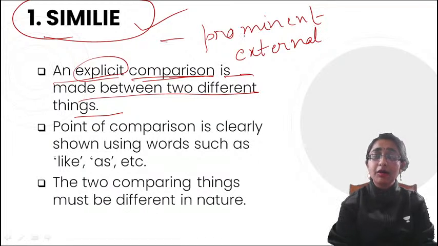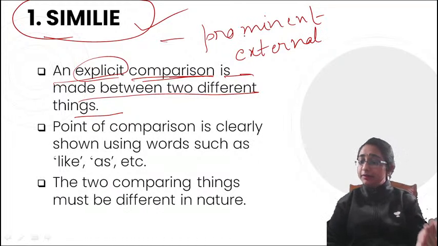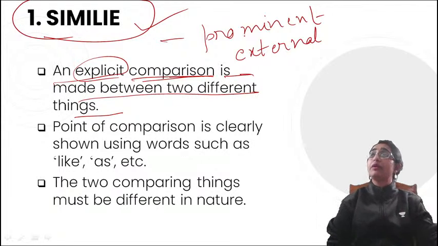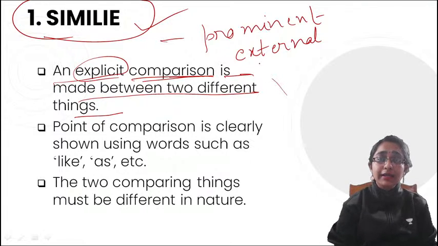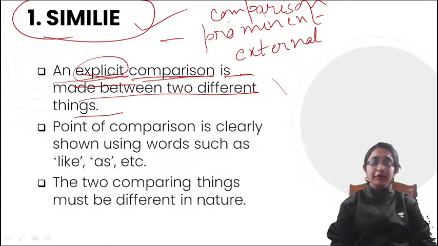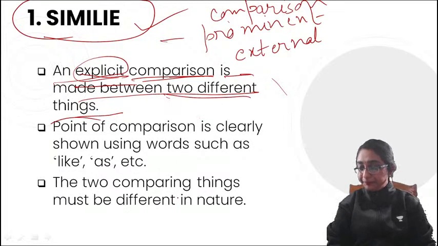You can see it. Whenever you read, you will see a clear-cut comparison. You will understand which thing is compared to which one. So this clear-cut comparison between two different things is known as simile, which is called explicit.